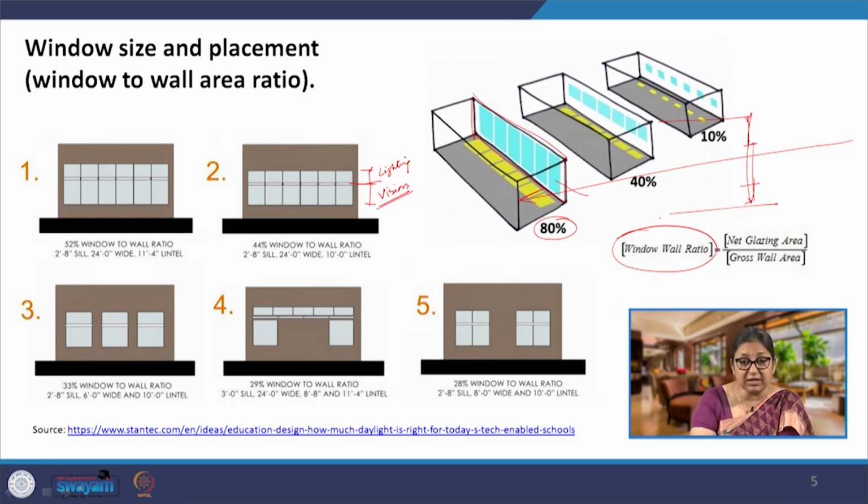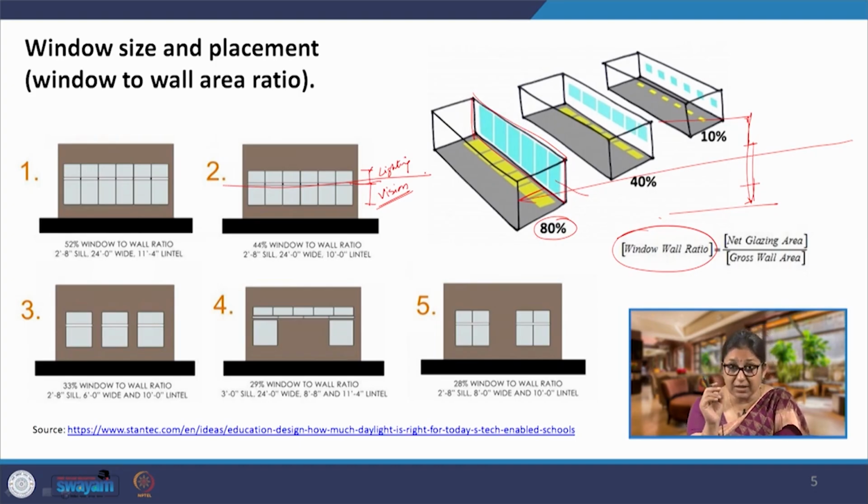The vision glazing allows people to see outside, and it is only up to a height of 7 feet. So, if we have a window, say from a 3 feet or 4 feet sill level to a 7 feet lintel, this part of the glazing is the one used for viewing outside. This is called vision glazing, and the one above it is clear glazing, for lighting. So, we are going to only get light from it, and there is no viewing possibility there.